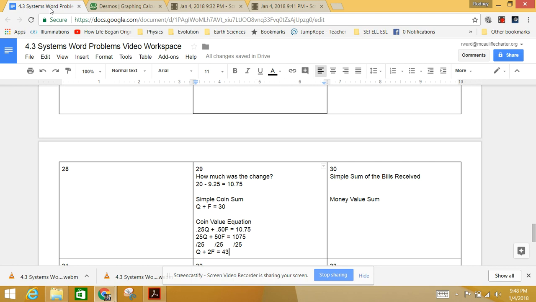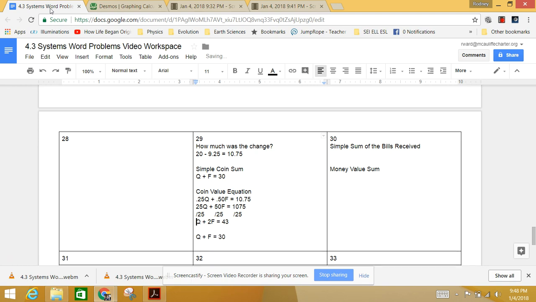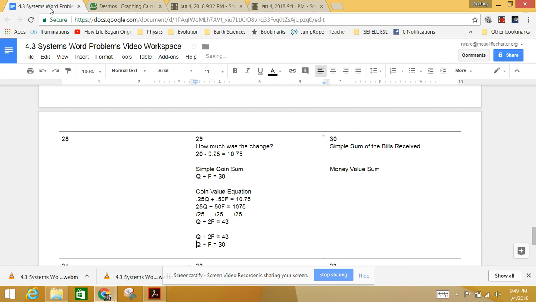You've got these two equations: Q plus F equals 30, and Q plus 2F equals 43. And we've already got coefficients that match, or a coefficient we could easily match by doubling the bottom equation, and we can solve this.